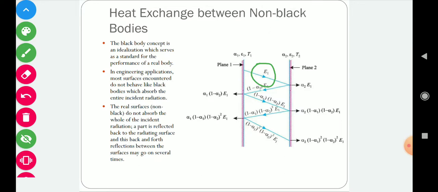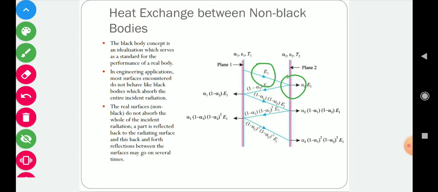If these two objects are black bodies, then the energy emitted by object 1 that strikes object 2 will be absorbed by surface 2, because the absorptivity of a black body is 1. So whatever energy strikes surface 2 will be absorbed by that object.